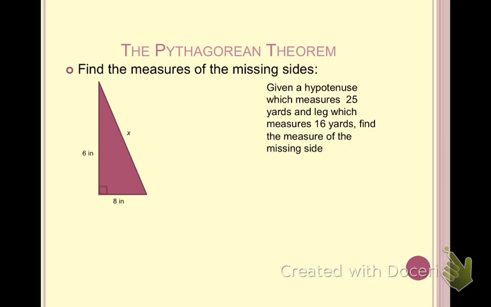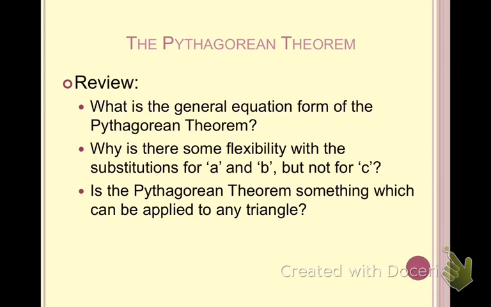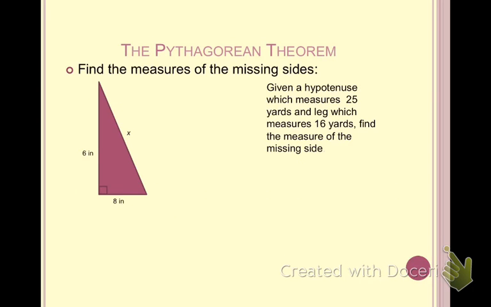Now, on this next one, we have legs of 6 inches and 8 inches. Oops. Let me go back a slide. And we need to find the missing value x. Okay, so again, we're going to use the Pythagorean theorem.